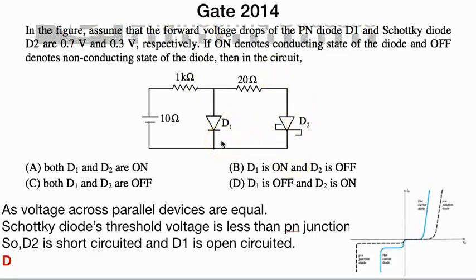We maintain a constant voltage across the parallel junction, one with 0.7 and the other with 0.3. The one with 0.3 will be the first to turn on, providing a short circuit, so all the current will pass through it and D1 will never reach its threshold voltage, and it will always remain an open circuit.